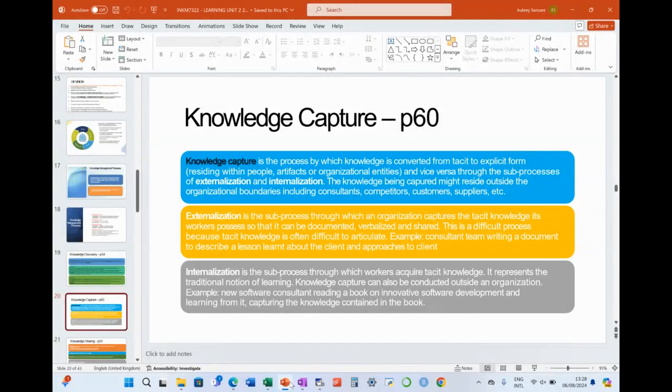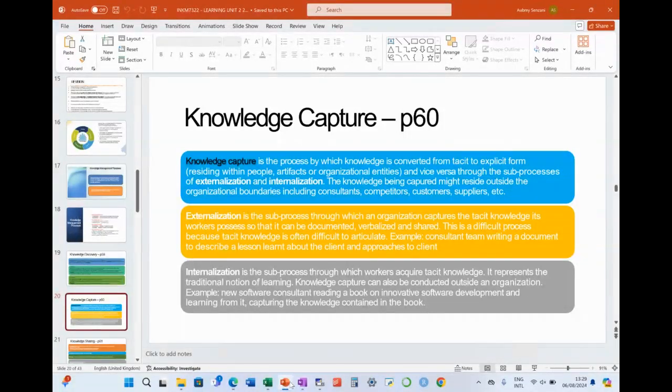Immediately I thought outside, but it's actually through interaction of colleagues. This is a different process because tacit knowledge is often difficult to articulate. Example: a consulting team writing a document to describe a lesson learned about the client and approaches to the client.